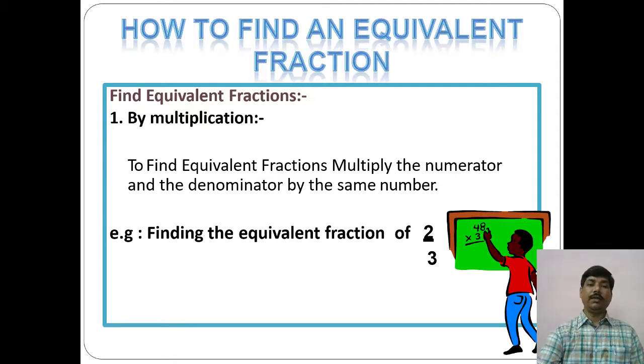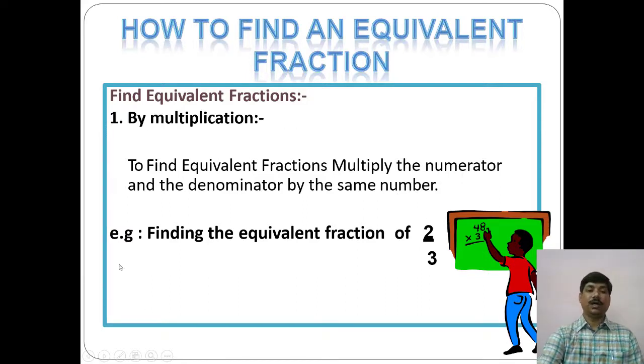To find the equivalent fraction of a given fraction, we will multiply the numerator and the denominator by the same number. But one thing to remember: the same number. To find an equivalent fraction, multiply the numerator and the denominator by the same number.